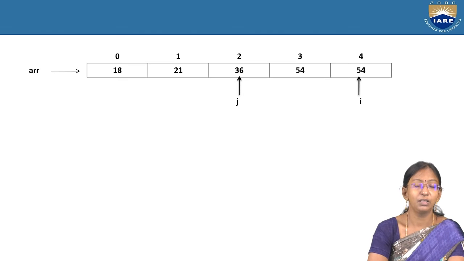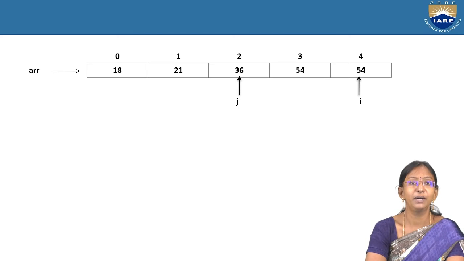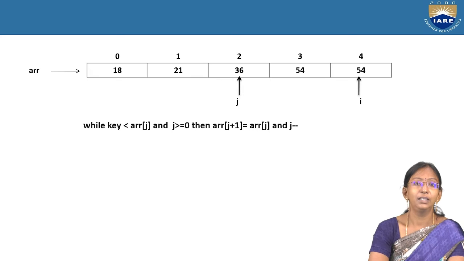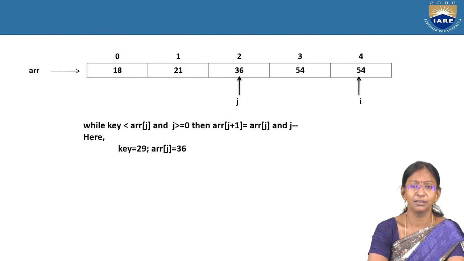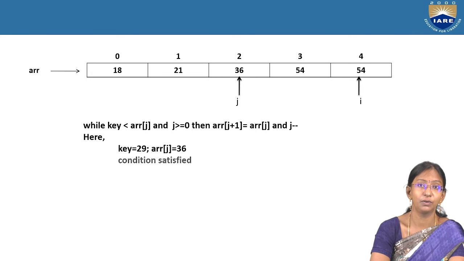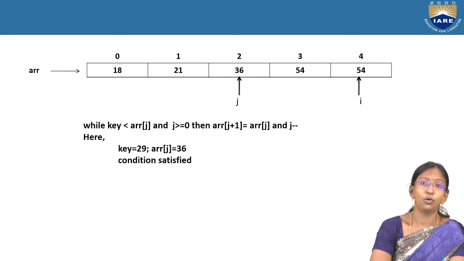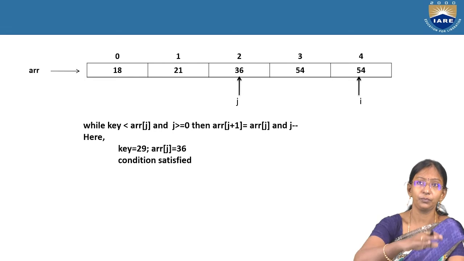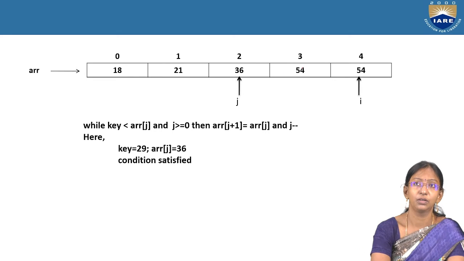Is the key value less than the element pointed by j? So here the key value is 29 and the element pointed by j is 36. Is 29 less than 36? Yes, it is less than, condition satisfied. So copy the content of j in j plus 1th location.